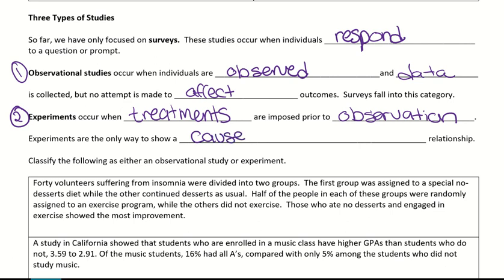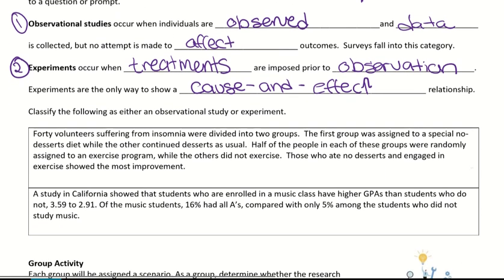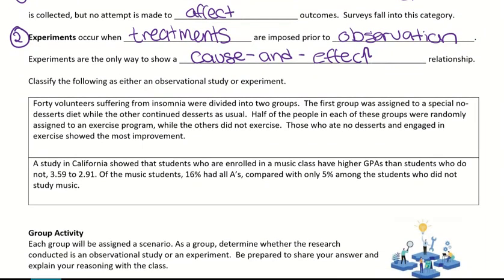And the only way to do that is with an experiment. So we are going to look at two examples, and we're going to decide if this is an observation, if we're simply looking at what's going on, or if we're imposing some sort of treatment or change to demonstrate a cause and effect relationship.